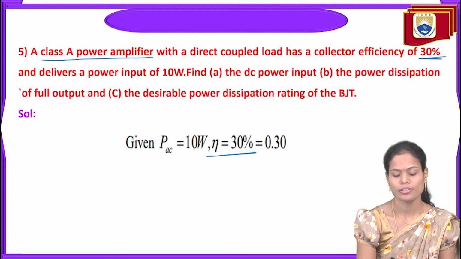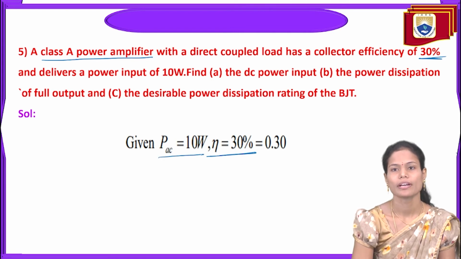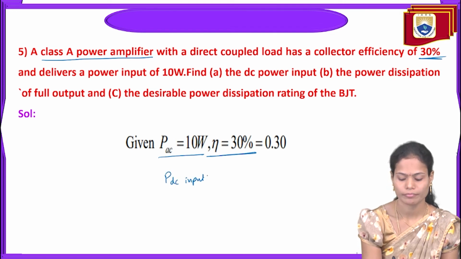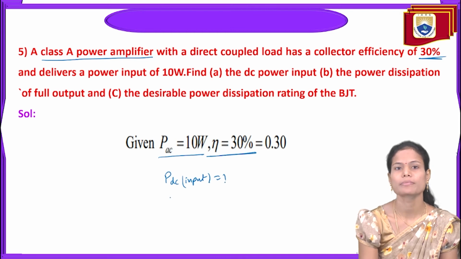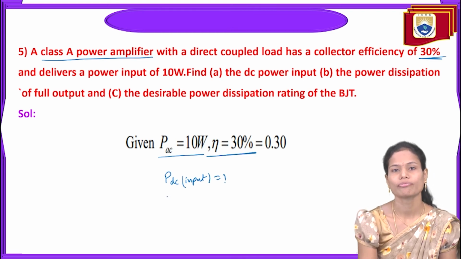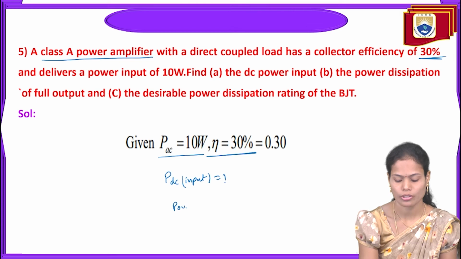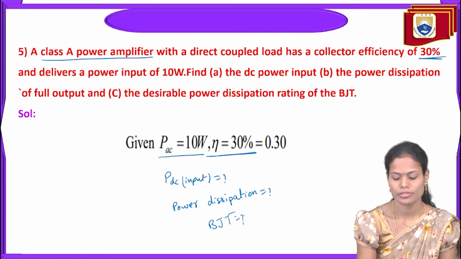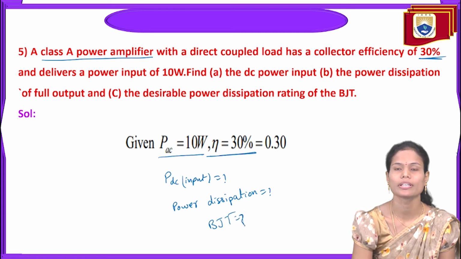So from this we need to calculate the DC power input, that is PDC input, as well as the power dissipation at full output, that is how much power is being wasted. And next, the desirable power dissipation rating of the BJT. So these three values we need to calculate from the given class A power amplifier.